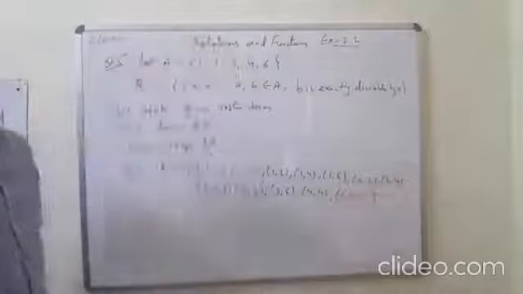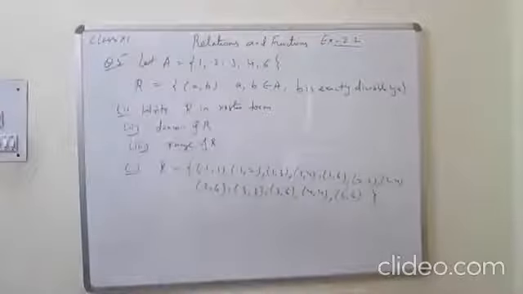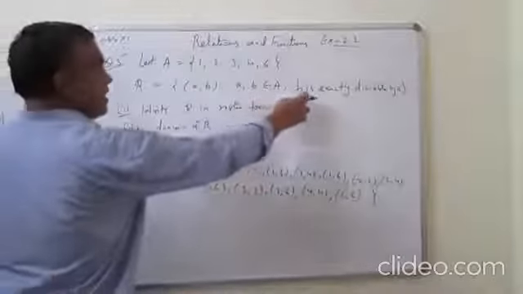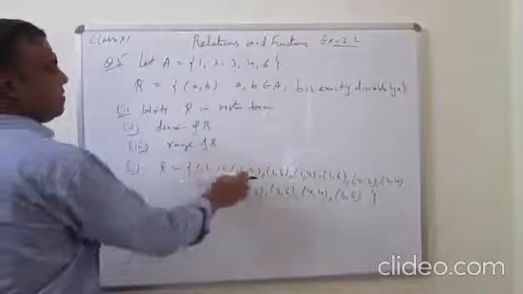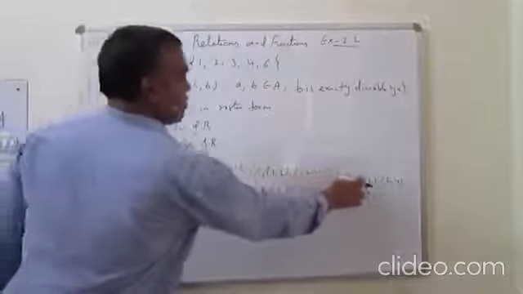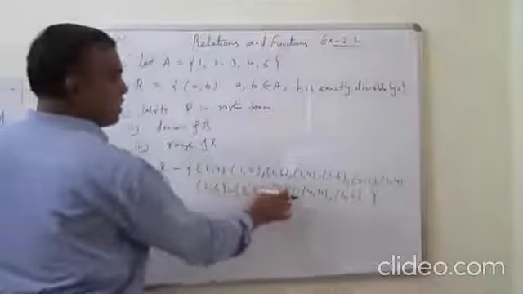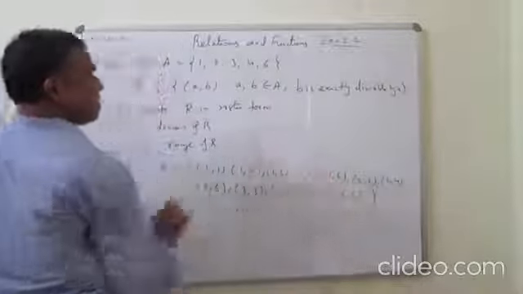So these are the pairs where the second element is divisible by the first element: 6 is divisible by 2, 3 by 3, 6 by 3, 4 by 4, 6 by 6.